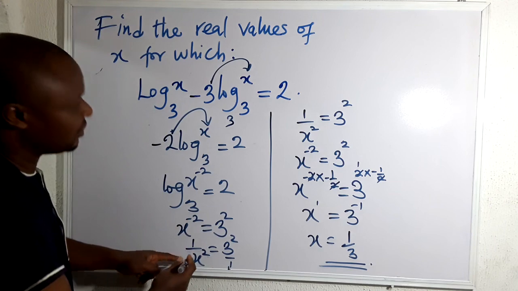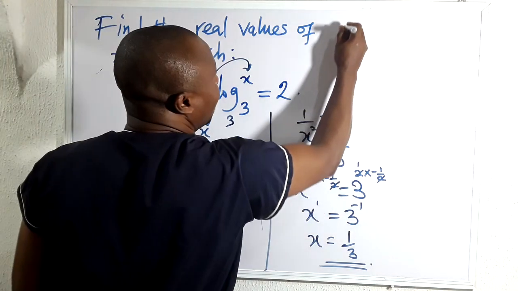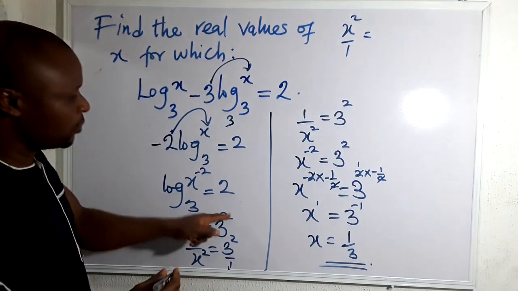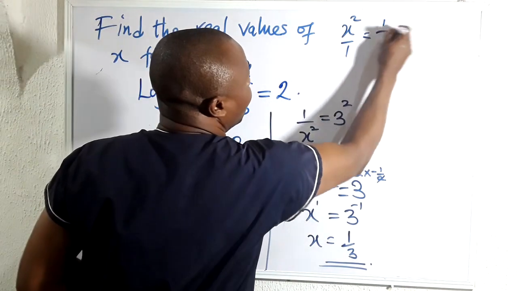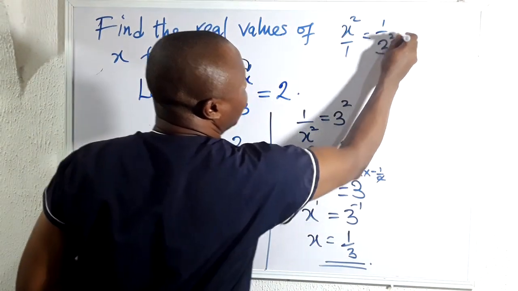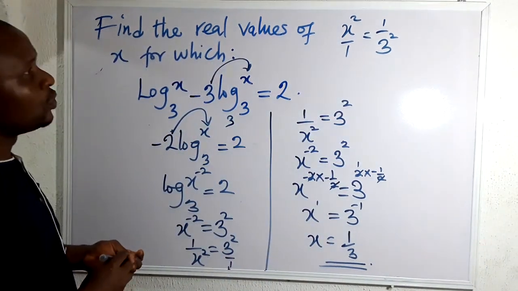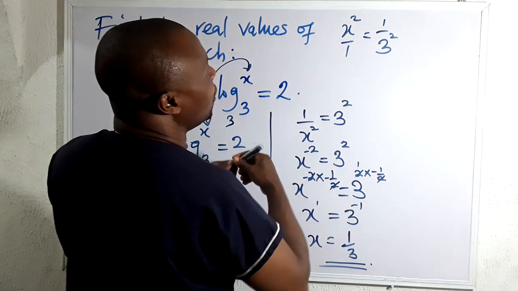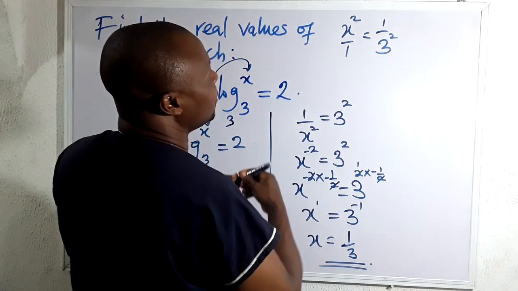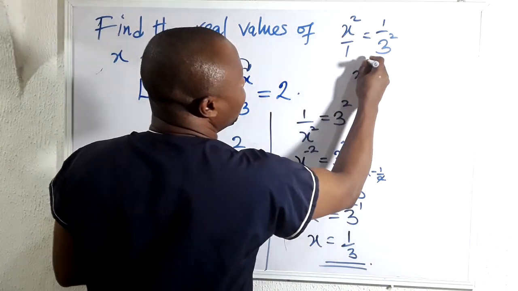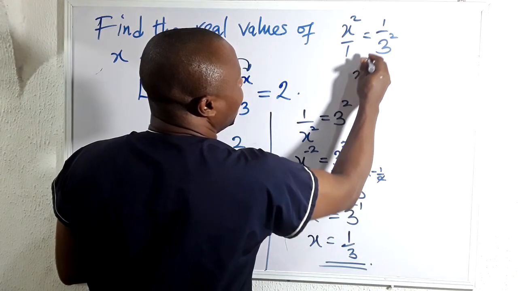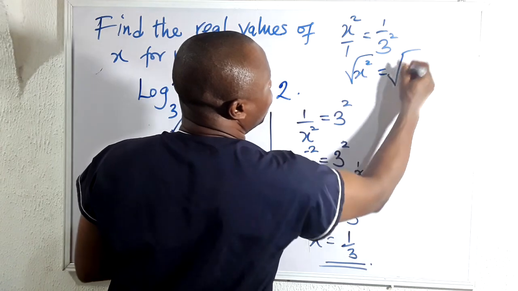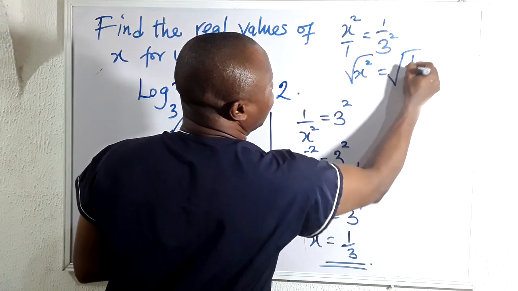If you reciprocate this side, you have x squared over 1, and if you reciprocate that side, you have 1 over 3 raised to power 2.